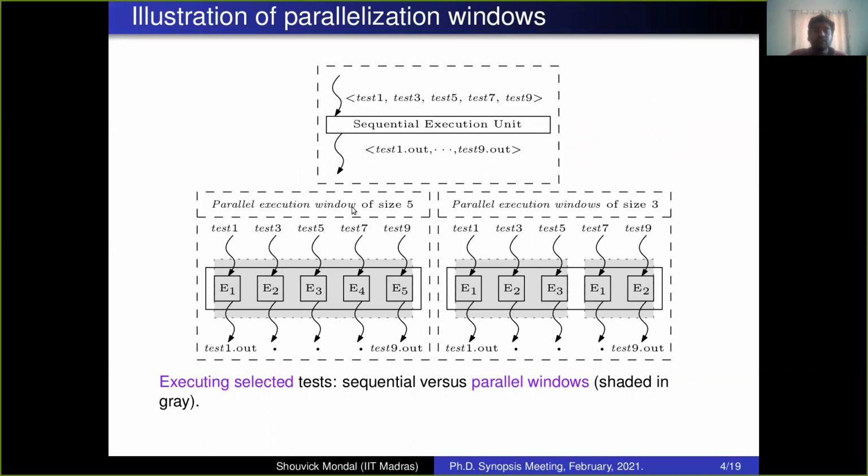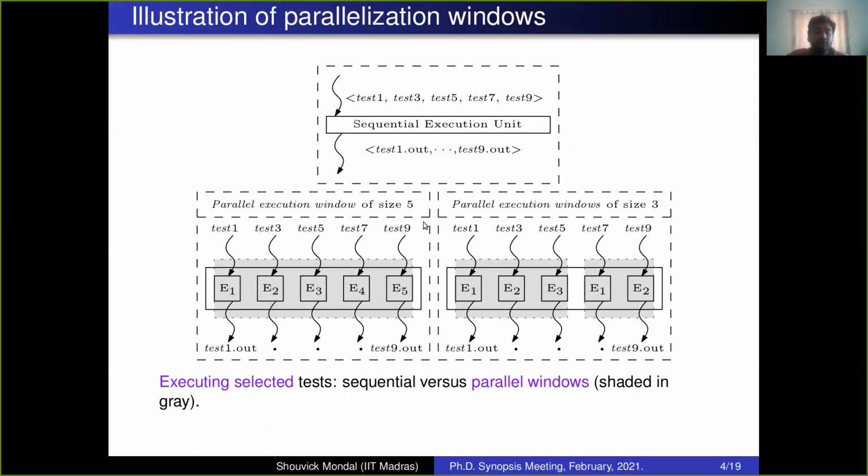The size of the window is the batch size, that is the threading factor, so we allocate that number of threads to the window. So we have a window of size 5, 5 execution units, and 5 threads. So we launch each test case on each execution unit.